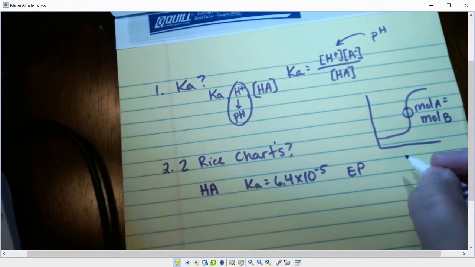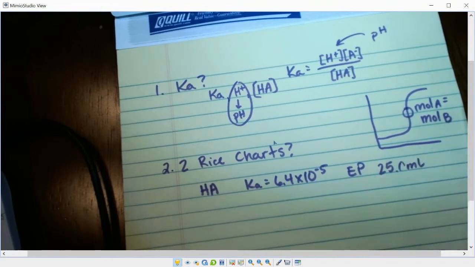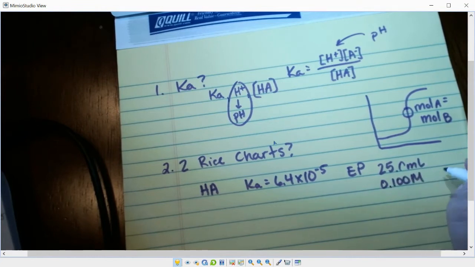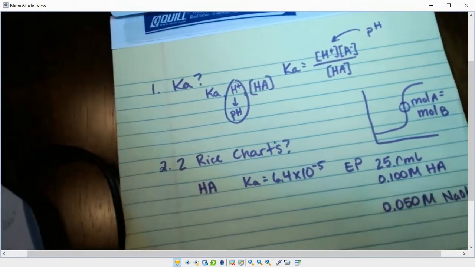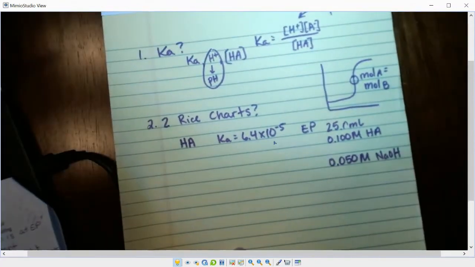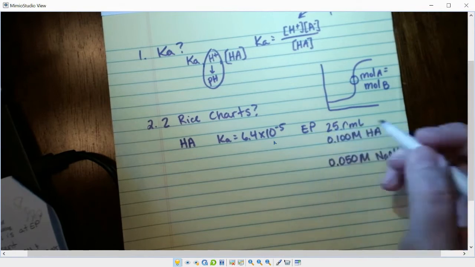So the equivalence point happens when we got 25 milliliters of 0.1 molar HA, so that benzoic acid, is titrated against 0.050 molar sodium hydroxide, which is a strong base. So this is a weak acid, strong base situation. So the question is, calculate the pH. Like, what is the pH of this solution at the halfway and the equivalence points?